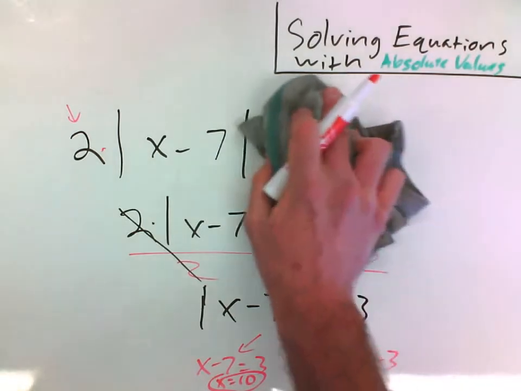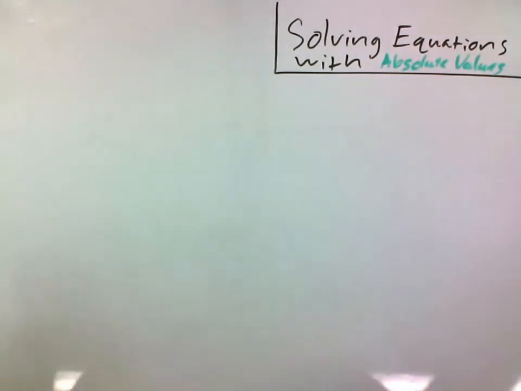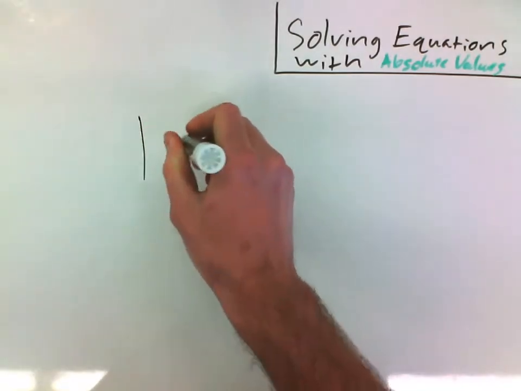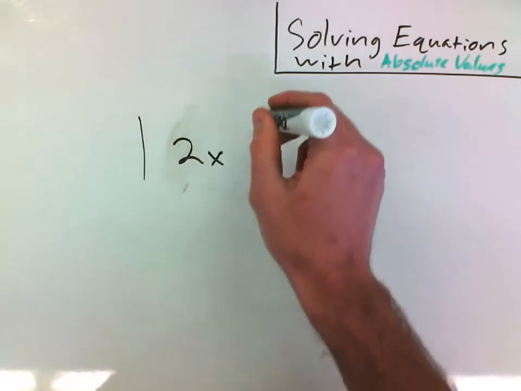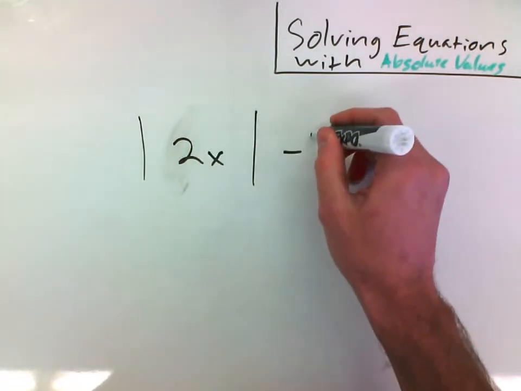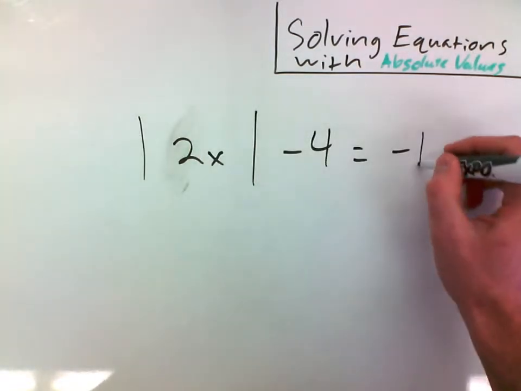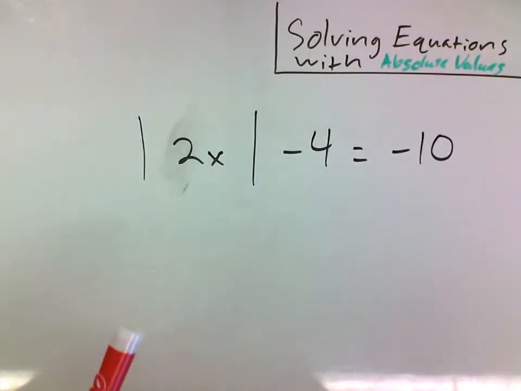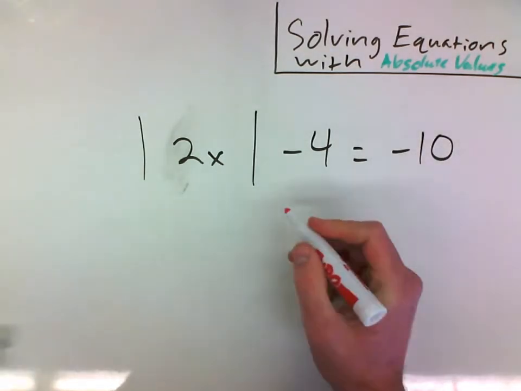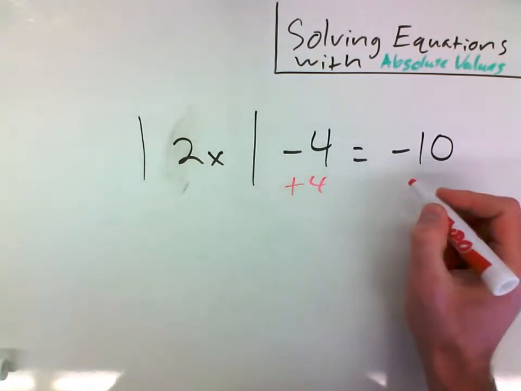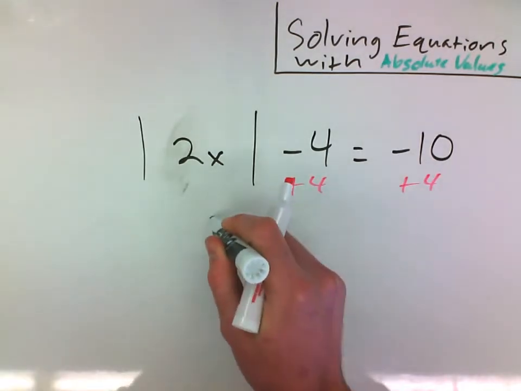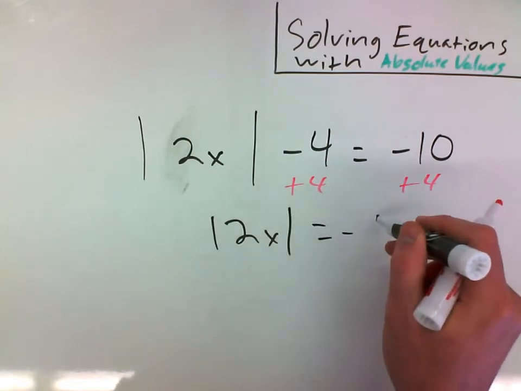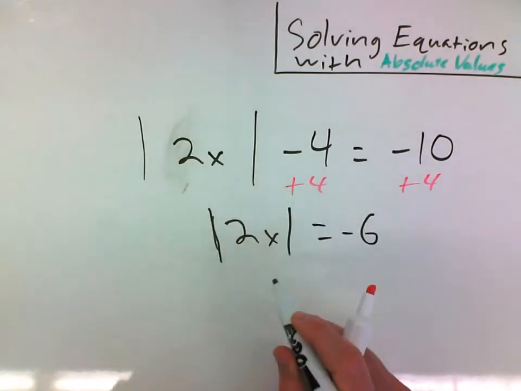Now, the thing we have to be cautious about is, what if we were to have something like this: the absolute value of 2x minus 4 equals negative 10. So it looks like the same problems we were doing and have confidence in solving. But when I get the absolute value all by itself, the issue comes up right here.